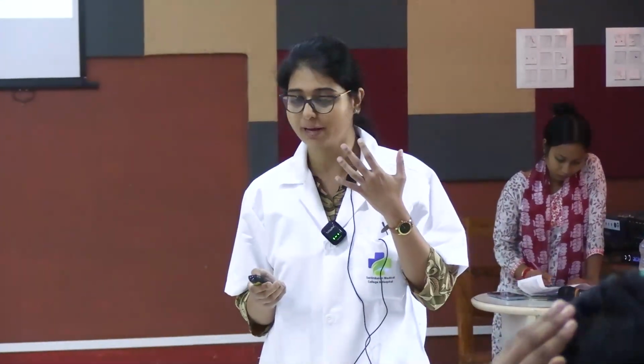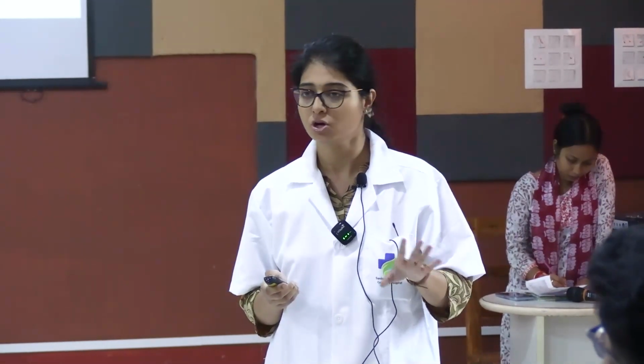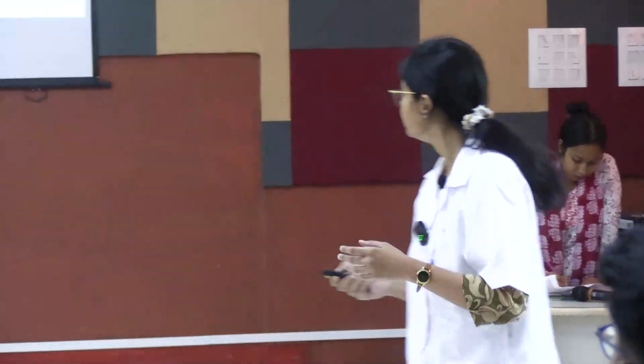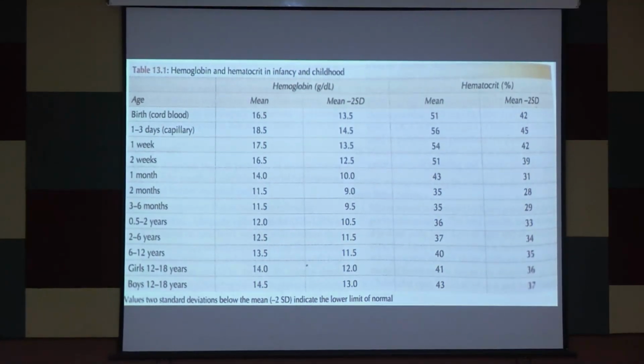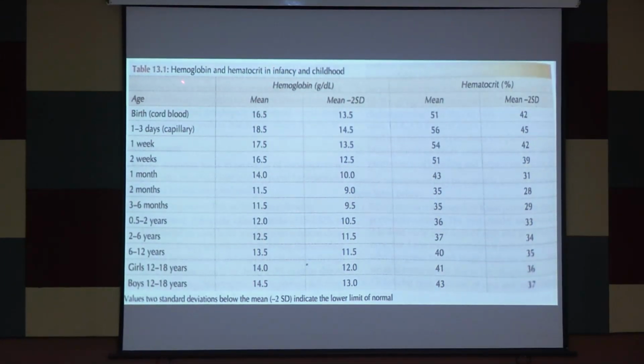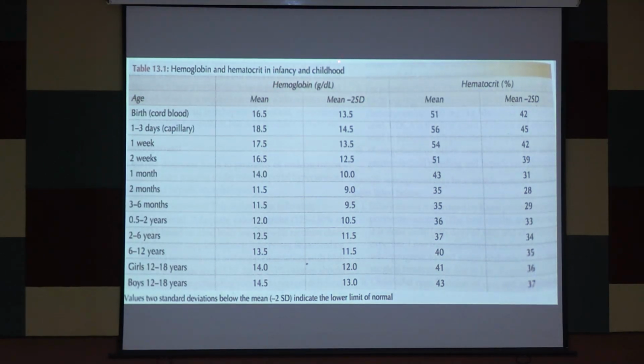So this table has been taken from the OP Ghai Textbook of Pediatrics. I have made all of my slides from the OP Ghai textbook, so you will be able to go through the chapter simultaneously if you like. This table shows the hemoglobin and the hematocrit in infancy and childhood.